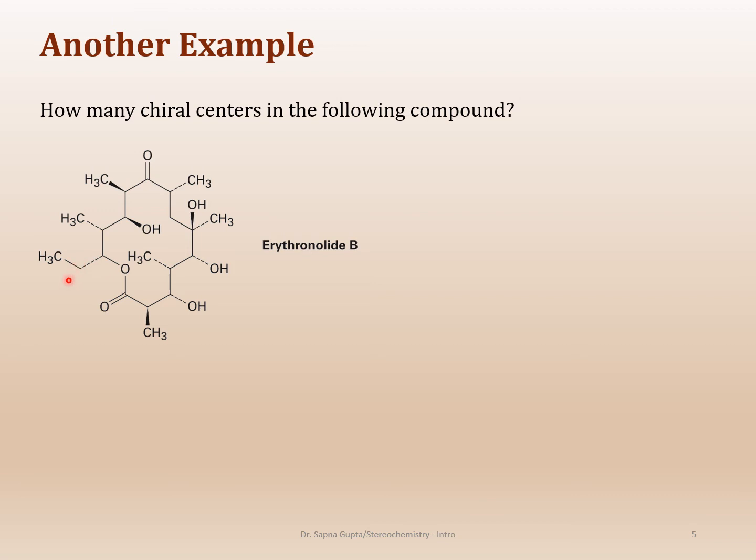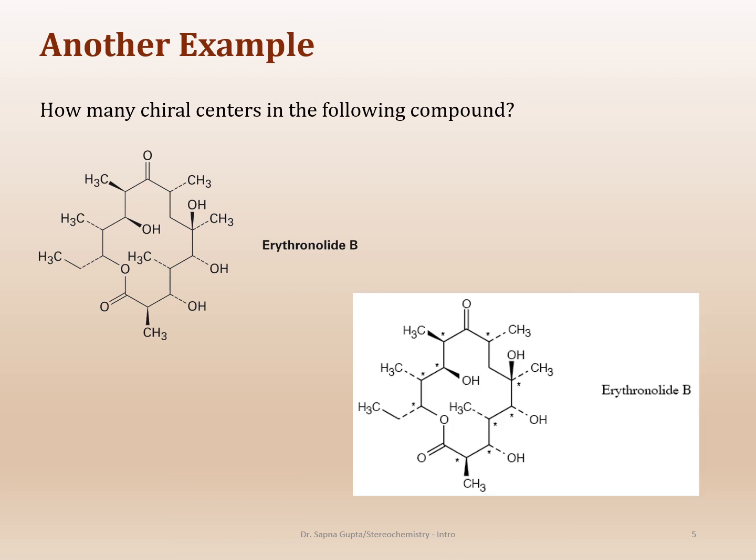But this carbon also has 2 hydrogens. So if you have 2 hydrogens, it means you have the same groups, and so that's not going to be chiral. Well, neither is CH3, because it has 3 of the same groups. So anyhow, go through it and figure it out, and just wait a little bit, pause this, and then you can see the answers, because it's all given to you.